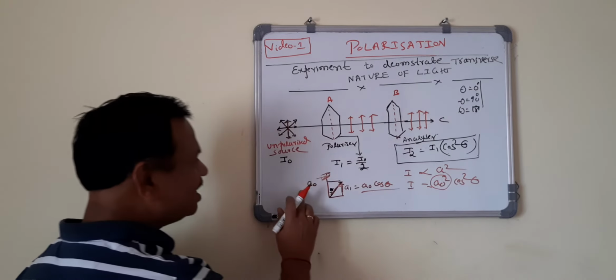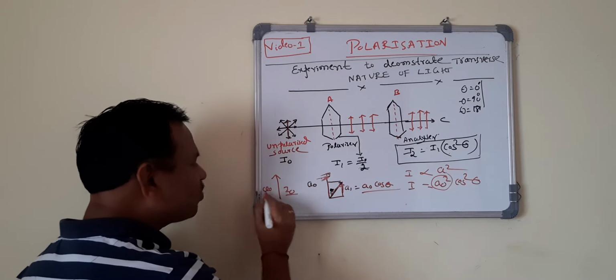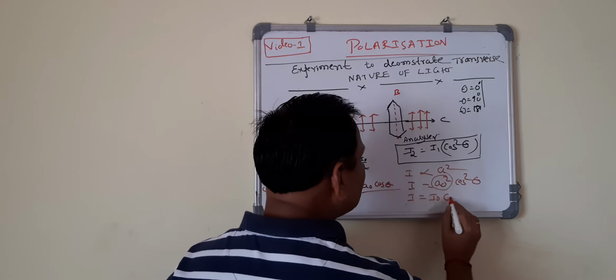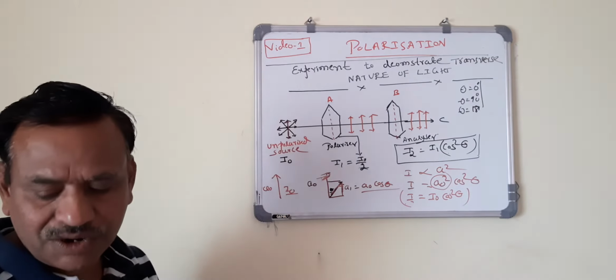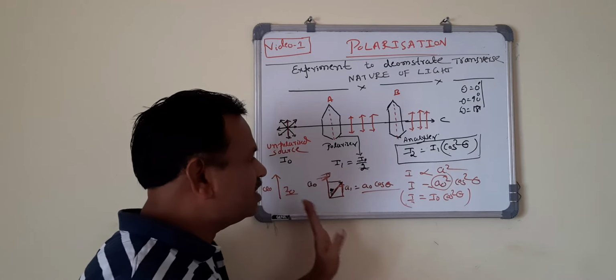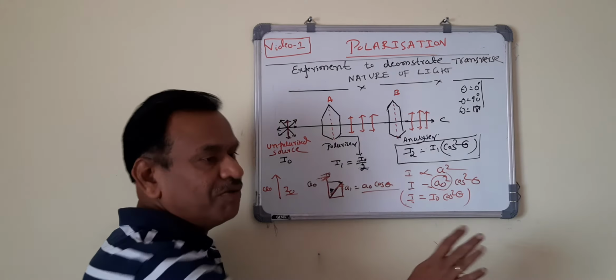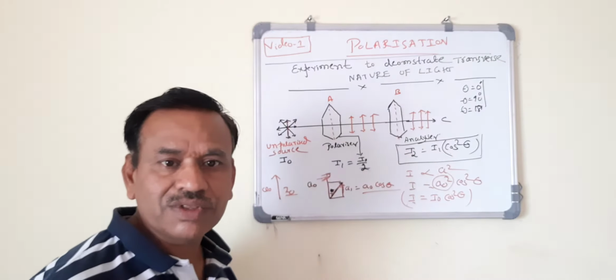A0 square is the initial intensity I0. That's why I have written I equal to I0 into cos square theta. From the point of view of examination it is not required, just to remember, but I explained how it comes. Even the books do not explain how this component comes.